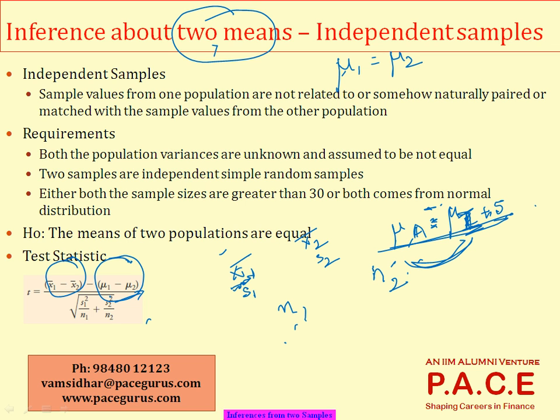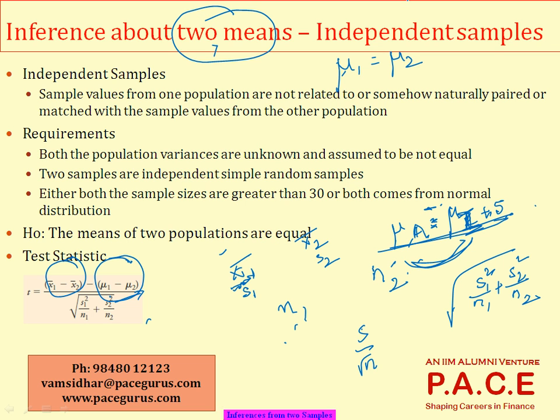In the case of only one sample, we had taken s by root n, whereas for two different samples we take the square root of s1 squared by n1 plus s2 squared by n2, which would boil down to s1 by root n if s2 were not there. So this is the t statistic.